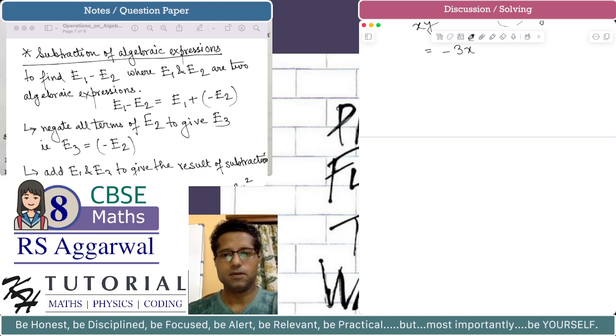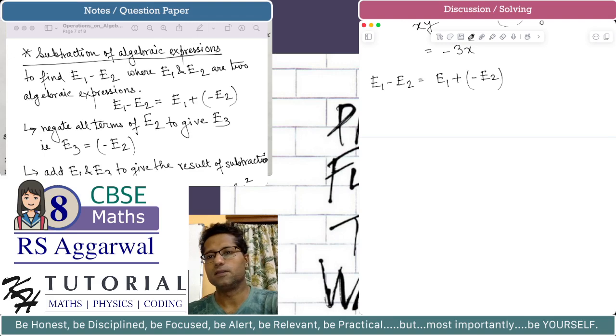So if we have E1 minus E2, where E1 and E2 are two algebraic expressions, this will be equal to E1 plus the additive inverse of the algebraic expression E2, which is the negative of E2. Now what does it mean by the negative of an algebraic expression?